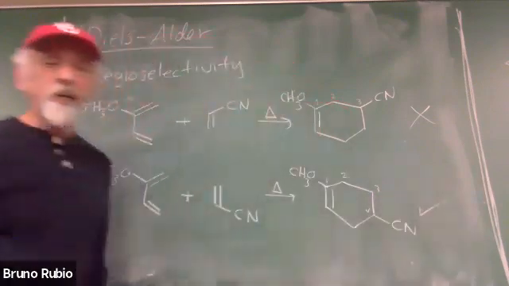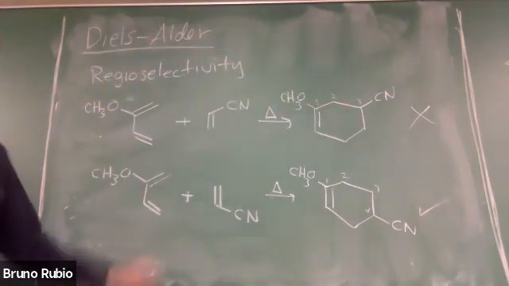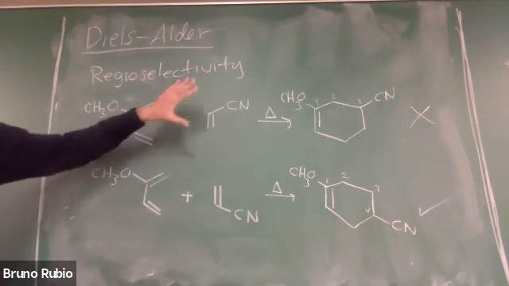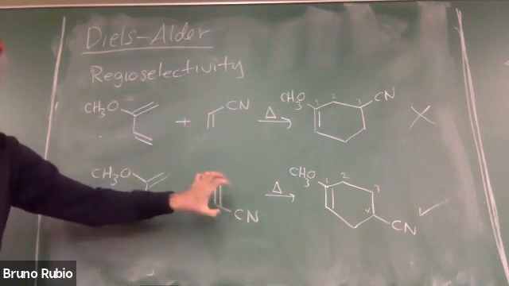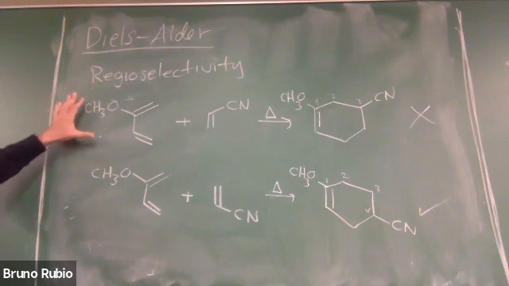So that would be the observed product. That's what we would predict as the observed product. So there's an issue of how the dienophile, this guy, the alkene, orients itself relative to the diene.